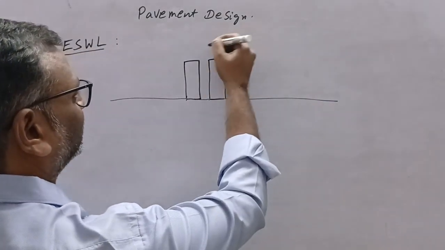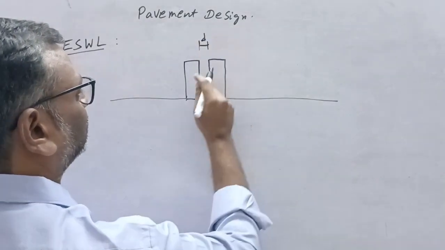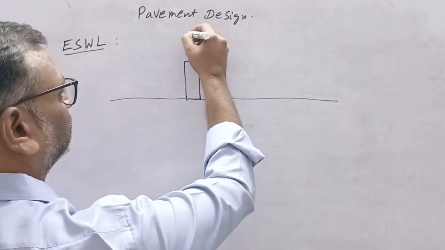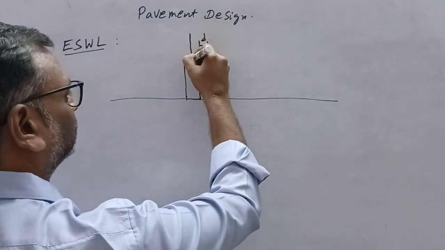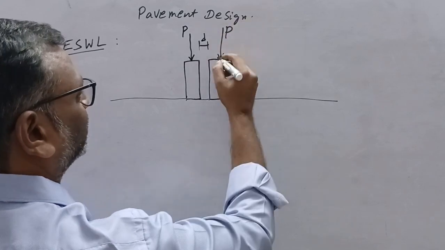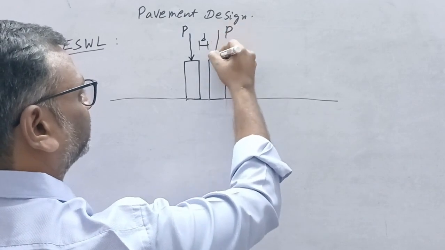Suppose d is the clear distance between these two wheels, and on each wheel we have a load of capital P acting at the center of the wheel.